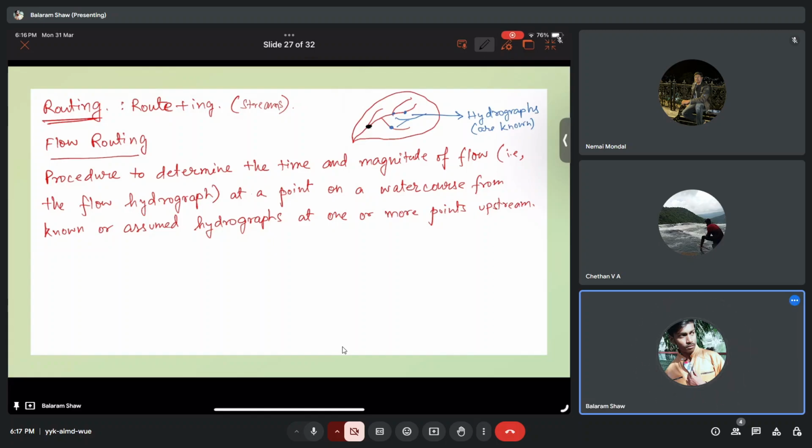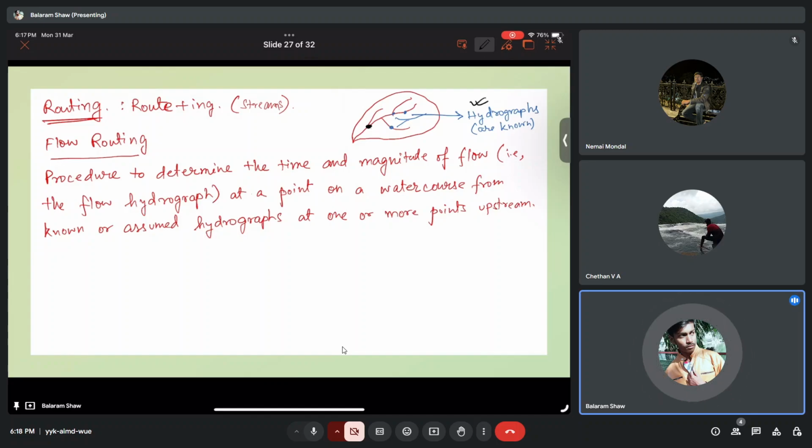You don't have the hydrograph directly at that point. So you can use the known hydrographs to construct a new hydrograph at the downstream section.